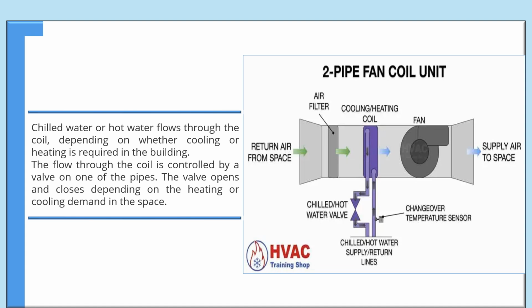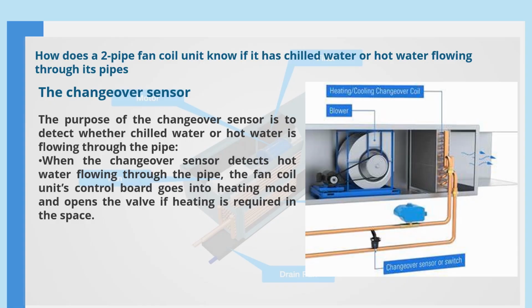How does a 2-pipe fan-coil unit know if it has chilled water or hot water flowing through its pipes? Well, this is a function of a part called the changeover sensor. The purpose of the changeover sensor is to detect whether chilled water or hot water is flowing through the pipe.